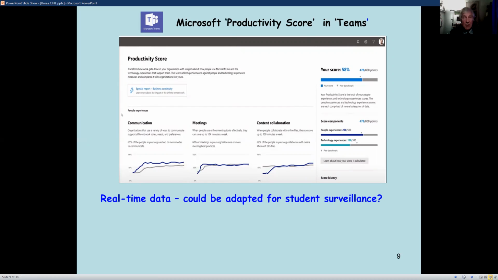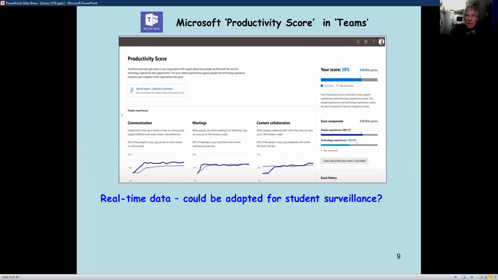It's designed to allow employers to remotely monitor their employees' communications, collaborations, meetings, phone calls, emails, and so on. There are about 70 metrics. Such a system could be adapted to watch for students and catch those who have stopped actively working on the university's VLE or communicating with other students.